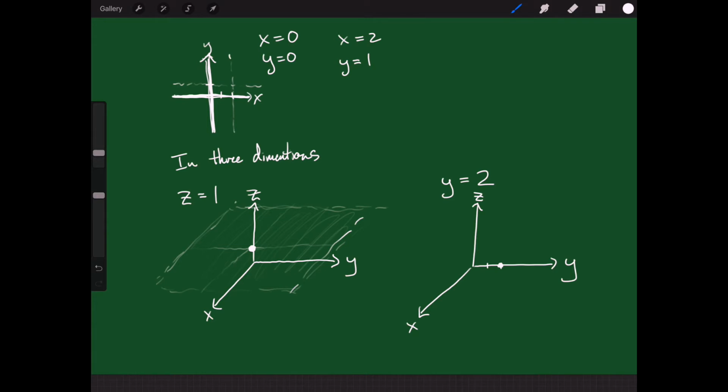And then I'm going to draw a line in the x direction and a line in the z direction. And I know it goes through those two. So now I could draw it, and we see that plane sitting right there. If we wanted to shade it a little, we could.